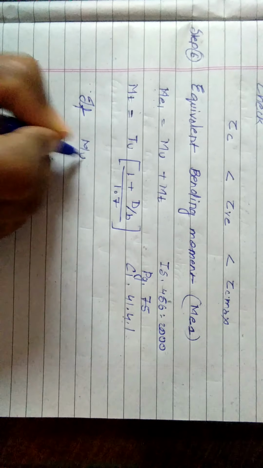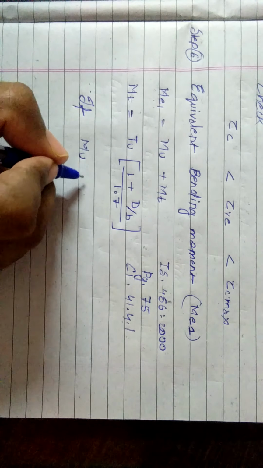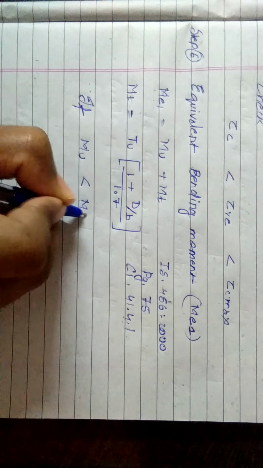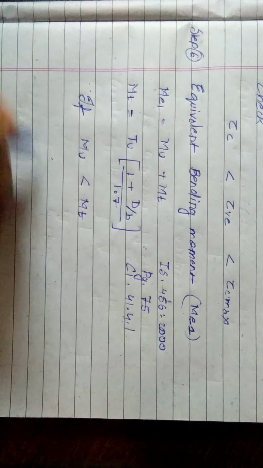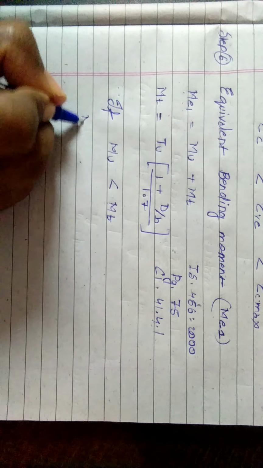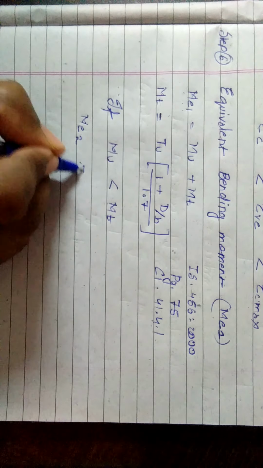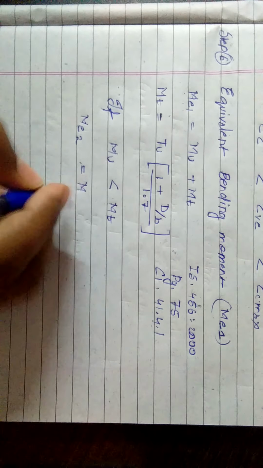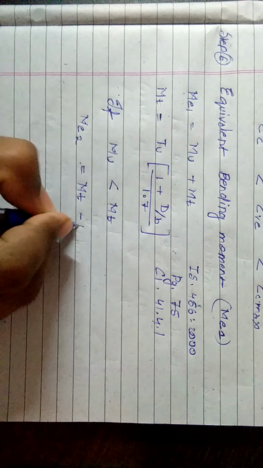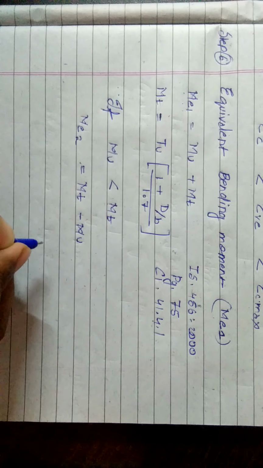If MU is less than MT, then in that case we have to find ME2, and that will be MT minus MU.